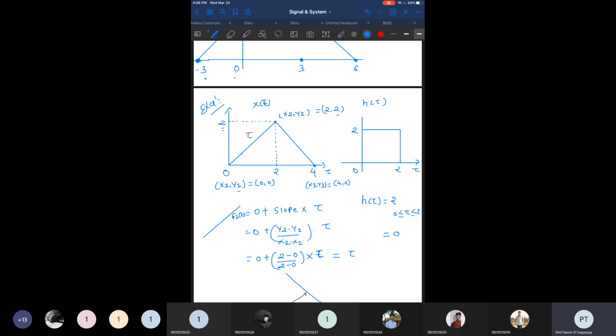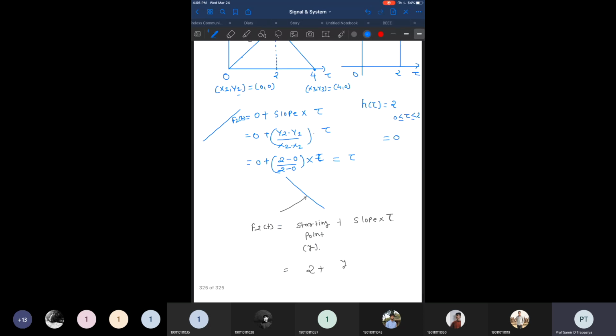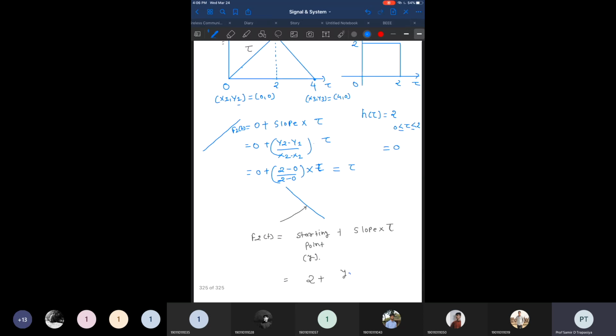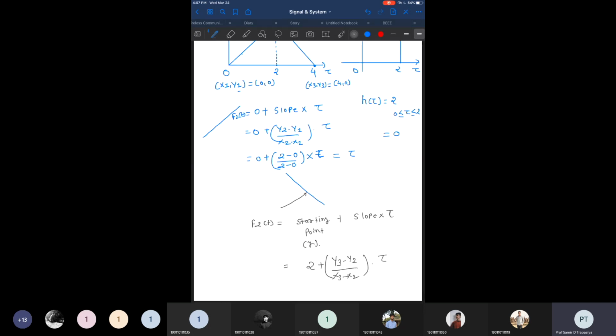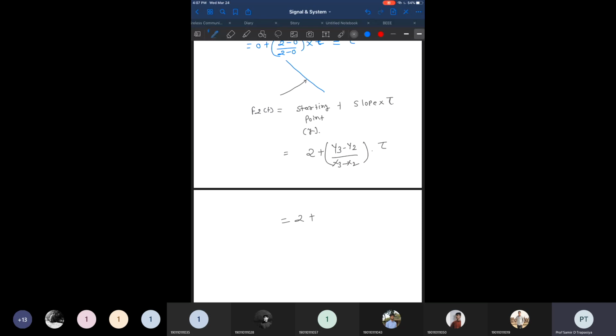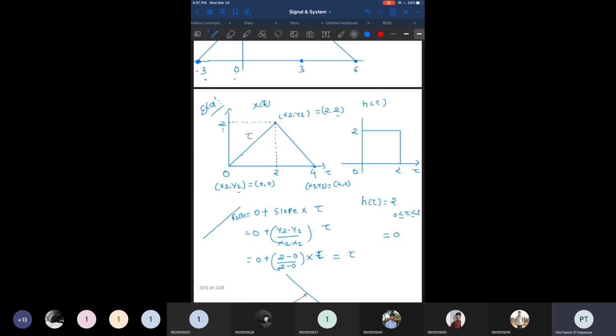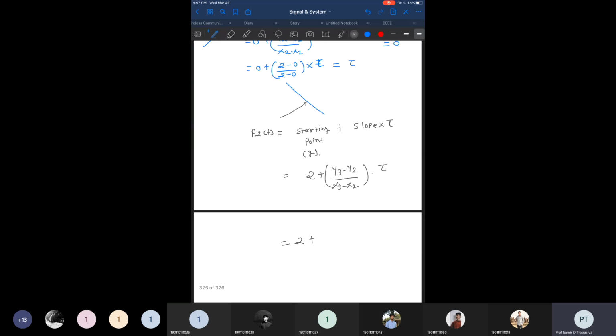So now we find y3 minus y2 divided by x3 minus x2, multiplied by tau. y3 is 0 and y2 is 2, so that is 0 minus 2.